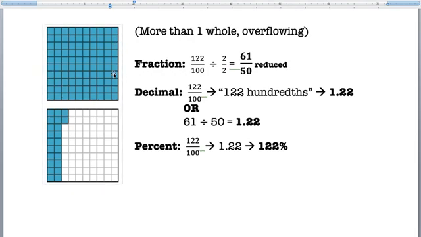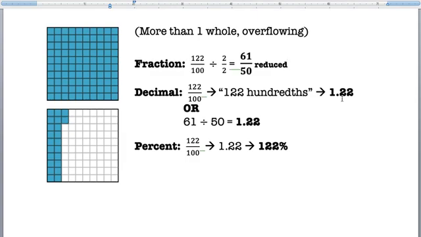So as a review, we counted up how many were shaded, and then out of how many pieces are in one whole to get that fraction, and then we reduce. For the decimal, there's 2 different methods. We could do what we did before, so we took that fraction and we said it out loud. So now we have 122 hundredths, because 100 is on the bottom.